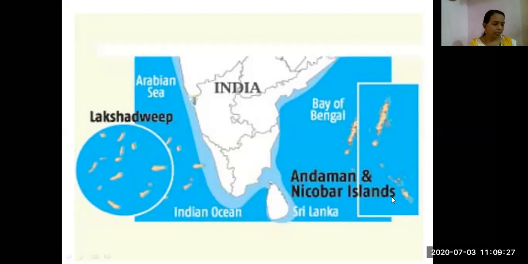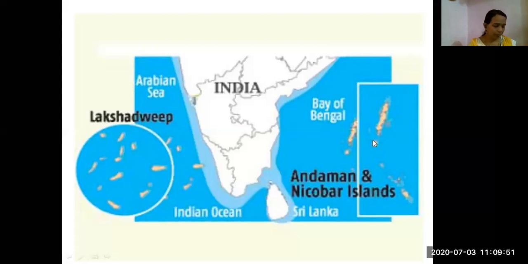It is believed that these islands are the elevated portion of submarine mountains. Beneath these islands, mountains are there. These are the upper parts, the peaks of the submarine mountains.